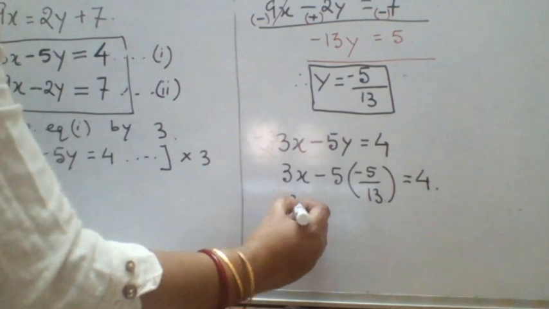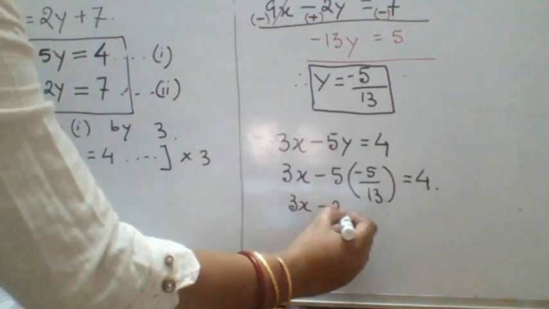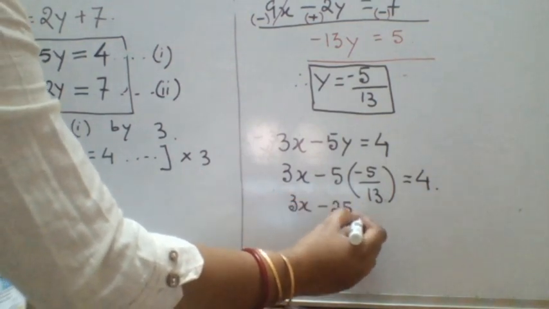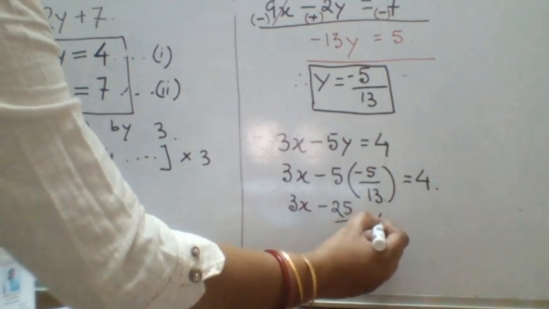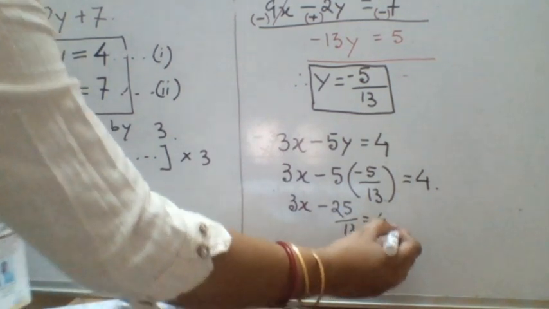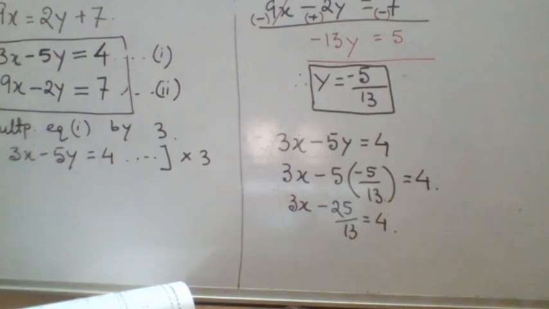So this is 3x minus of 25 upon 13 equal to 4. This is minus and minus is your plus. Okay, minus and minus is plus.